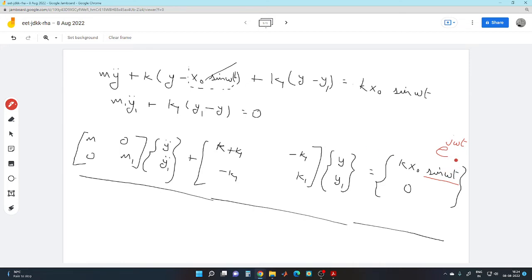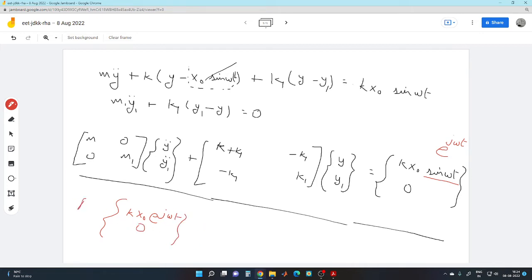Okay, no problem. This sine omega t can be written as e raised to power j omega t, and we just have to take the imaginary part in the final solution. So we can write the forcing term as k x naught e raised to power j omega t and 0.